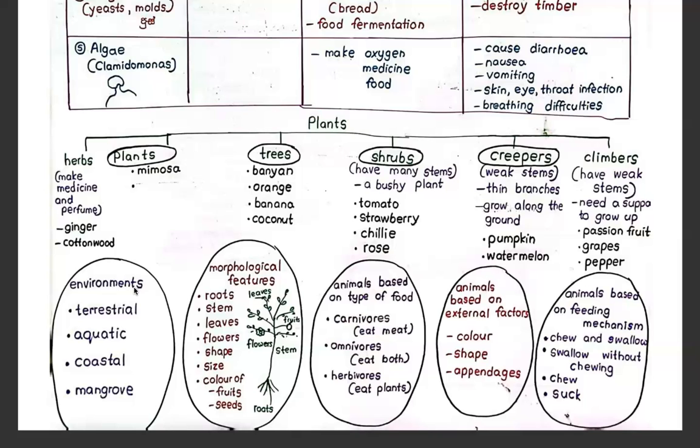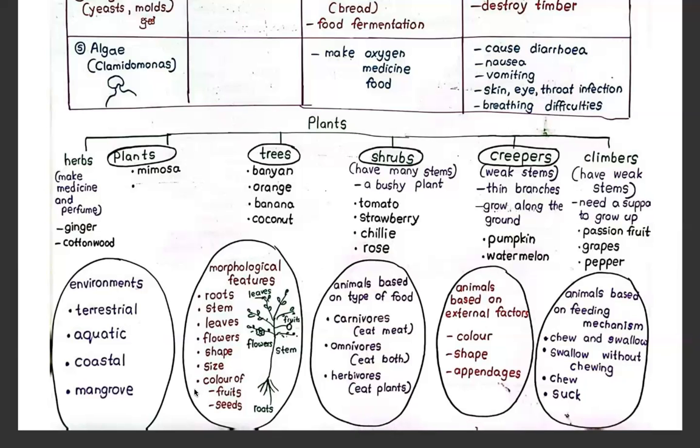Terrestrial environments, aquatic environments, coastal environments, and mangrove. terrestrial කියලා කියන්නේ බිම වැඩෙන පැලෑටි. aquatic කියලා කියන්නේ ජලයේ වැඩෙන පැලෑටි. coastal කියලා කියන්නේ මුහුදු පරිසර ආශ්‍රිතව වැඩෙන පැලෑටි. Then mangrove plants means කඩොලාන.